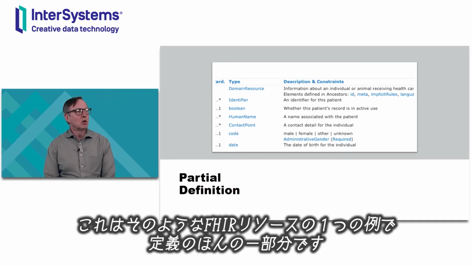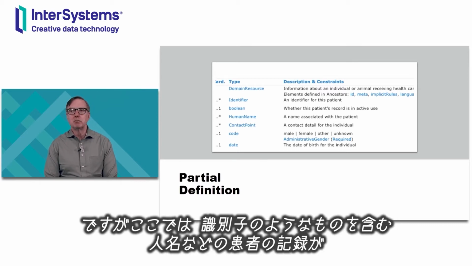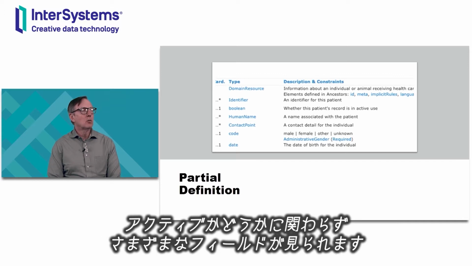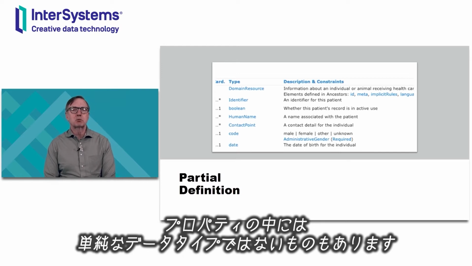Here's an example of one such FHIR resource. It's only a partial definition, but you could see there are many different fields, including things like the identifier, whether the patient's record is active, the human name, etc. Some of these properties are not simple data types.